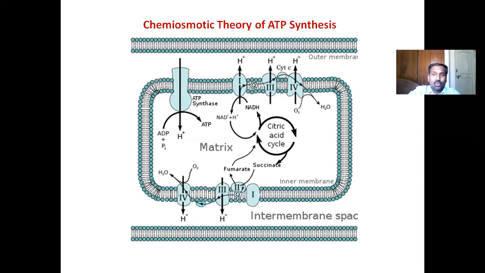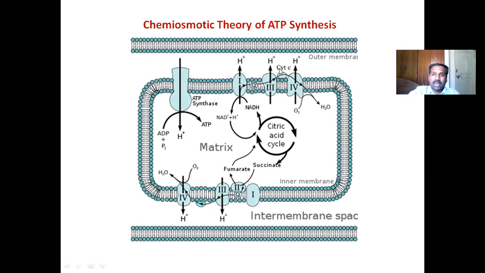Okay, so what happens as the electrons flow through 3 complexes? One electron flows through 3 complexes, 3 protons are pumped from matrix to intermembrane space. So now if you look at the charge difference between the matrix and intermembrane space, there is a charge difference, is it not?